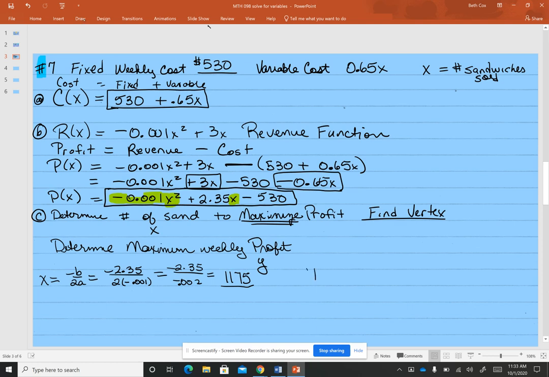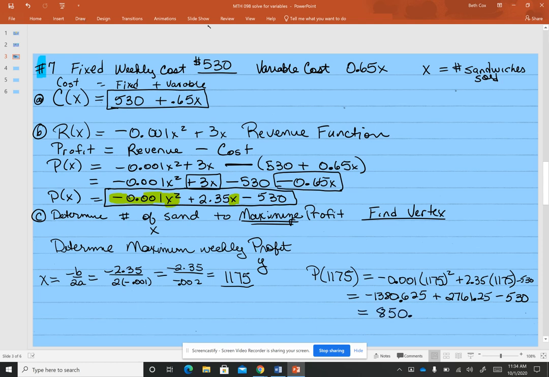Now to find out the profit that this many sandwiches is going to make, I'm going to plug it in. Again, you've got to be very careful with your calculator to get these numbers correct. Just check your calculator to make sure you're getting them. I hope I copied them right.